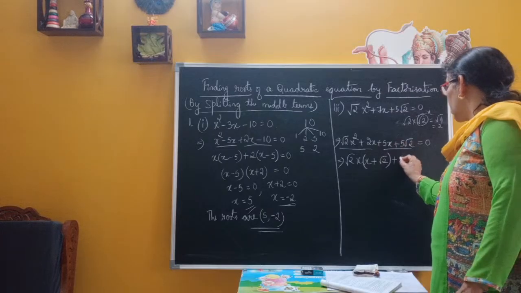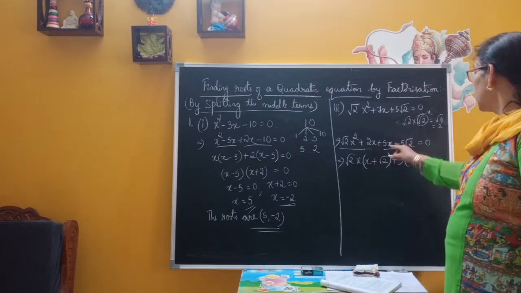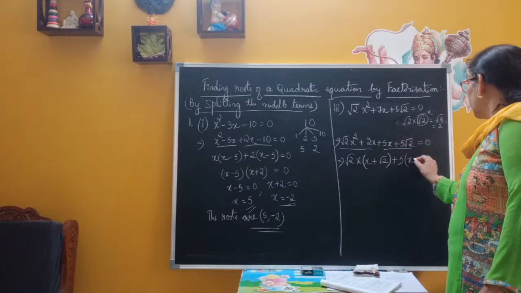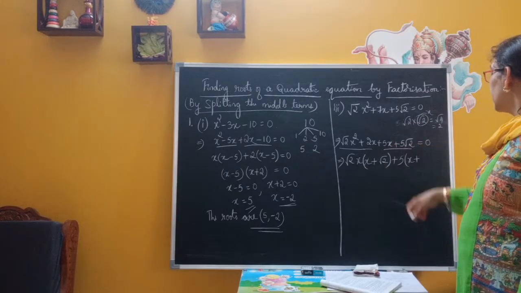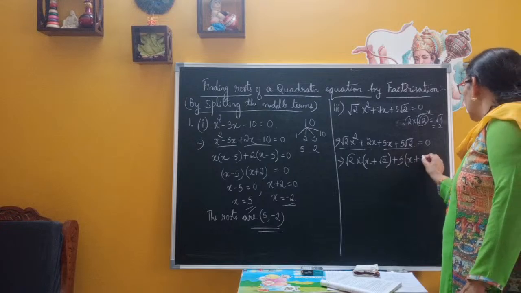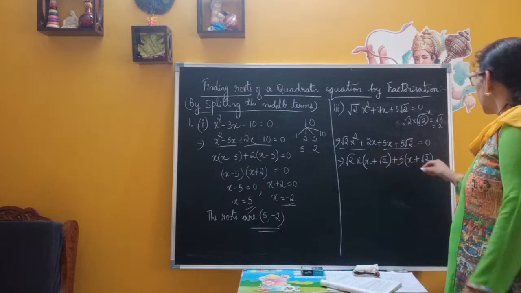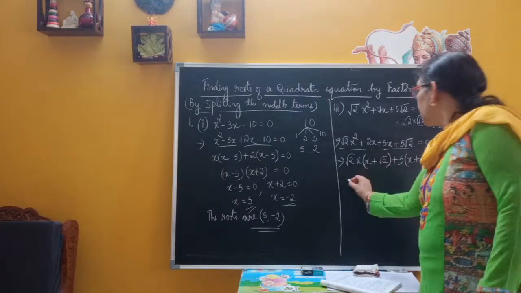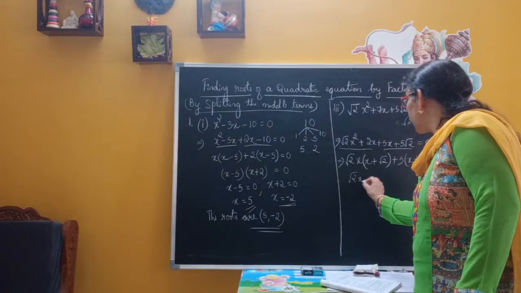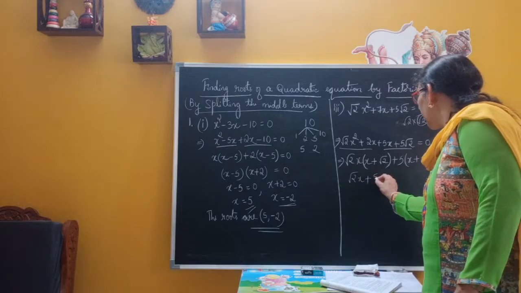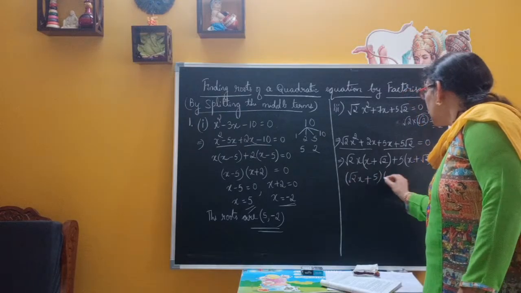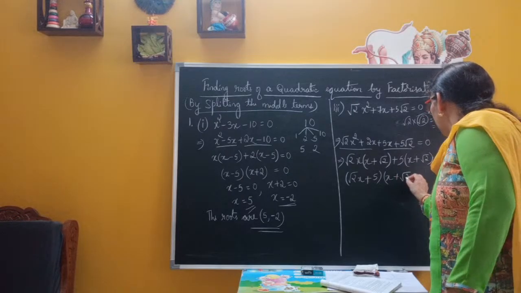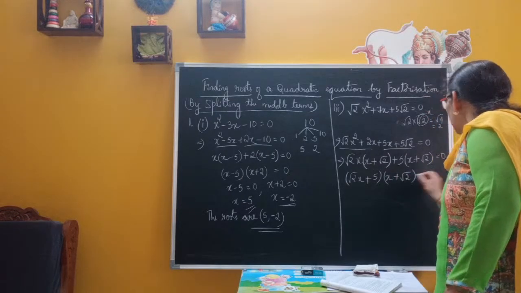Here 5 is common. Inside, 5x by 5 is x, then plus 5 root 2 by 5, the 5 gets cancelled, and we get only root 2. See, we got a common factor. So it is root 2x plus 5 as one factor, and the other one x plus root 2 is equal to 0.